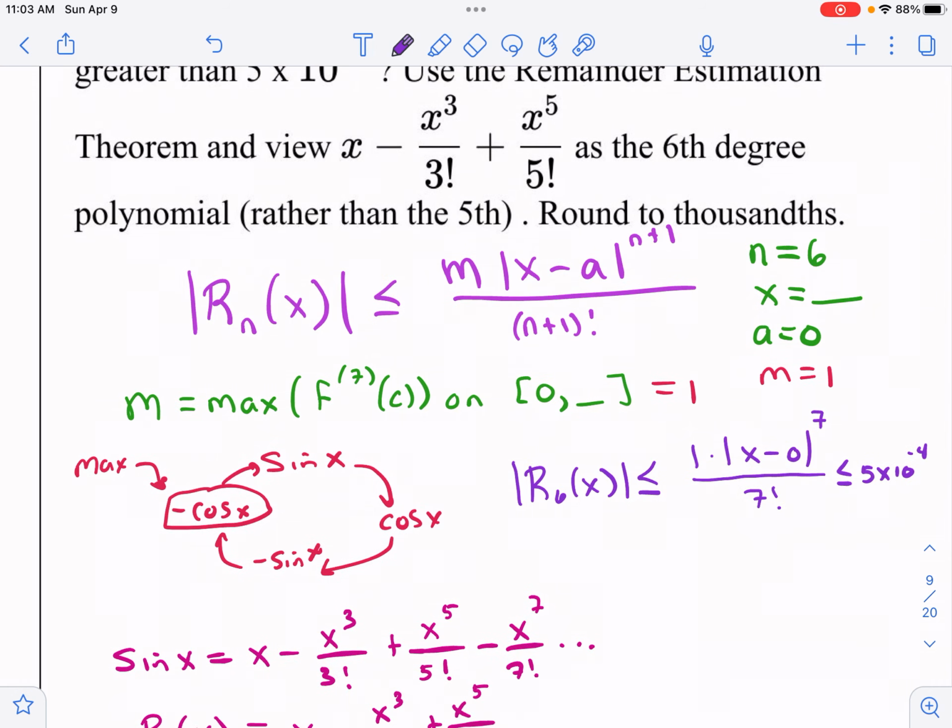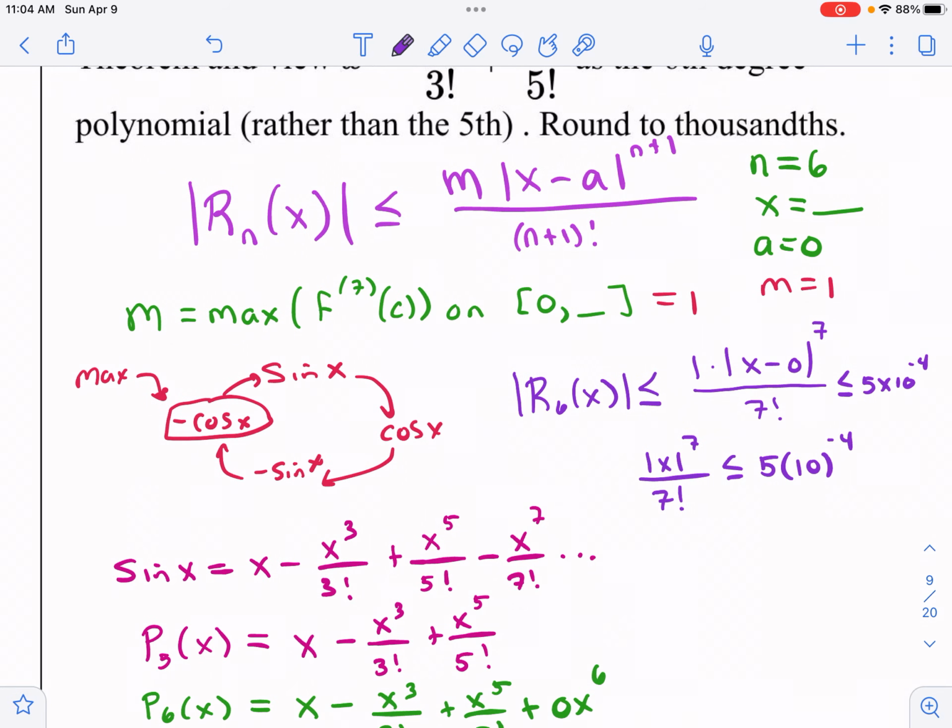So cleaning this up a little bit, I need the absolute value of x to the 7th over 7 factorial to be less than or equal to 5 times 10 to the negative 4. I'm going to multiply everything by 7 factorial, so now I have the absolute value of x to the 7th is less than or equal to 7 factorial times 5 times 10 to the negative 4. And then I need to raise both sides to the 1/7.